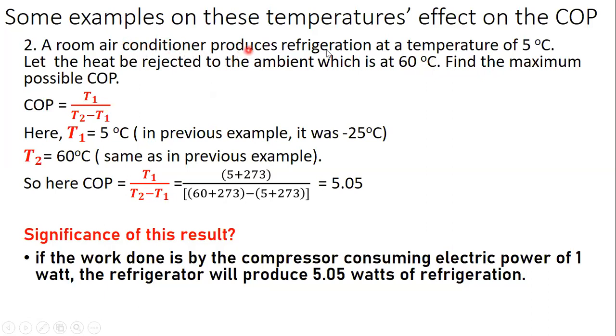The only difference is that the lowest temperature has been increased to 5 degrees Celsius. By simply changing the lowest temperature in this refrigeration cycle from minus 25 to 5 degrees Celsius, we were able to increase the performance of the Carnot refrigeration cycle running the air conditioner. Significantly, it is producing more refrigeration.